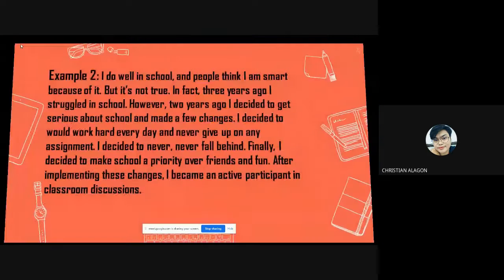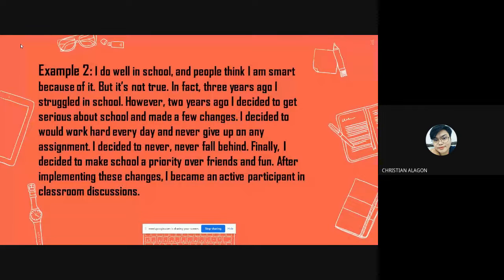So we have also here an example of a cause and effect paragraph. I do well in school and people think I am smart because of it, but it's not true. In fact, 2 years ago I struggled in school. However, 2 years ago I decided to get serious about school and made a few changes.